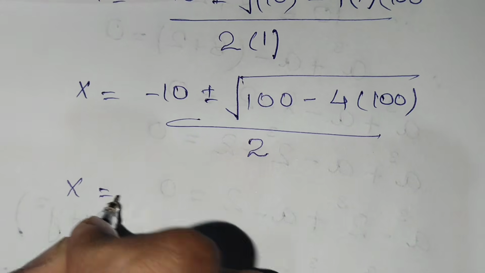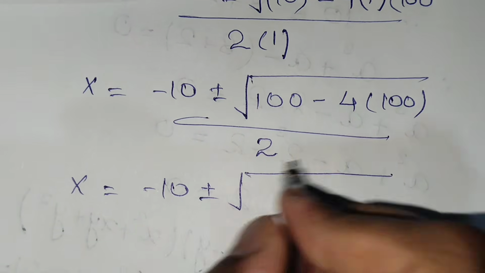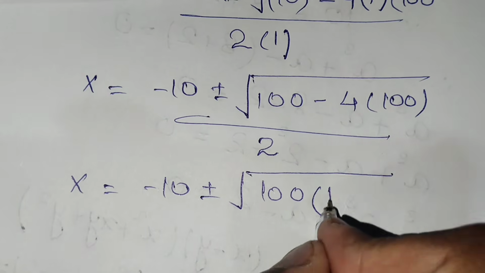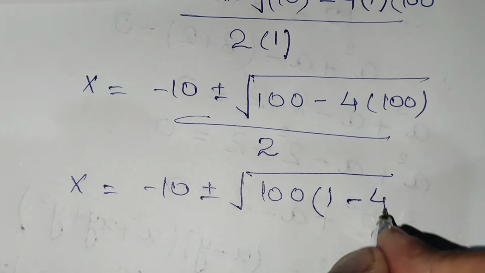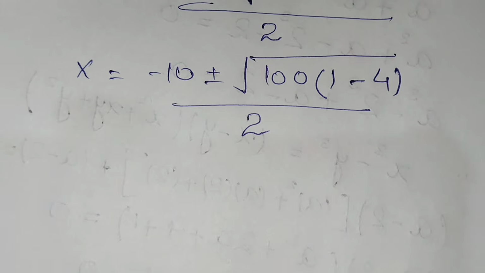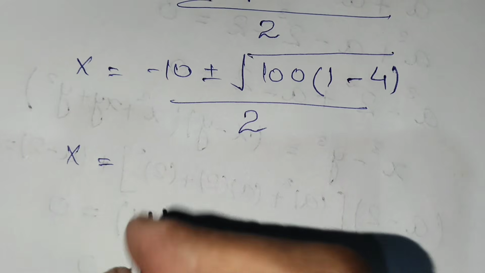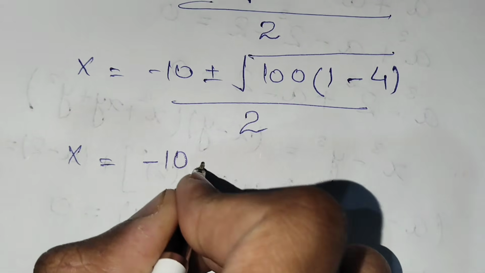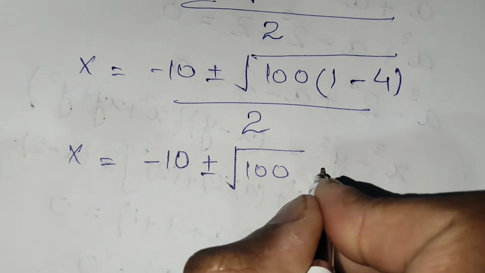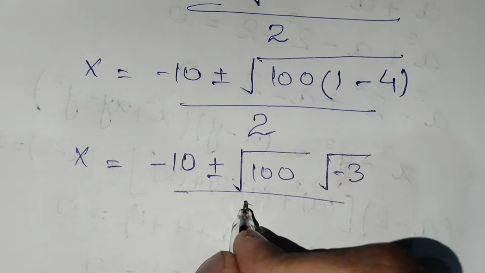Now x equals minus 10 plus minus square root of, taking 100 common, left with 1 minus 4, all over 2. So x will be equal to minus 10 plus minus square root of 100 times square root of minus 3, all over 2.